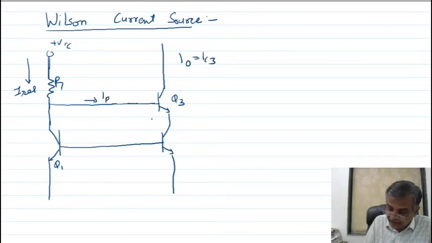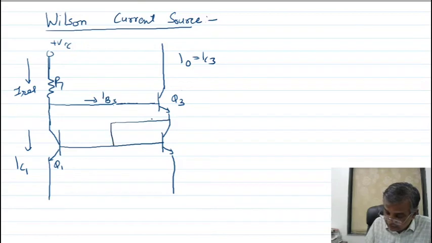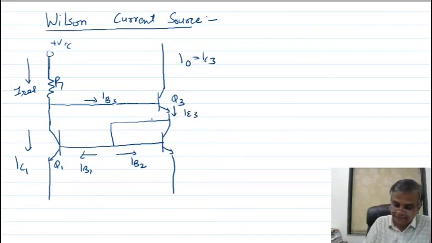This is your IB3. This is your IC1. From these you are giving the base. This is your IB1. This is your IB2. This current is IE3 and this current is IC2.